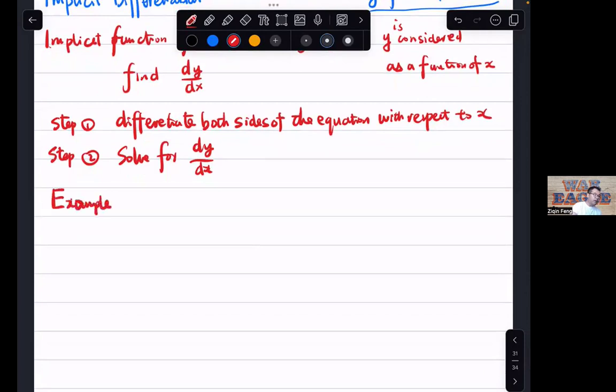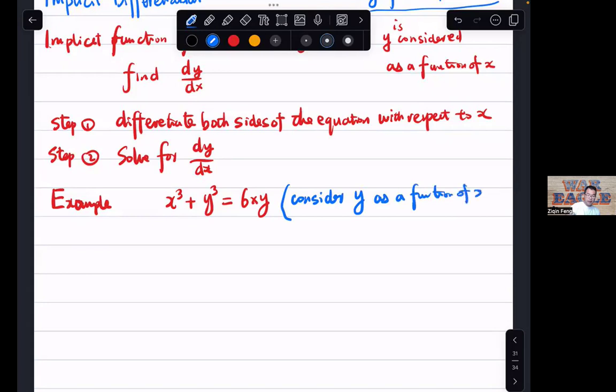We are given an equation which is x cubed plus y cubed equal to 6xy. In this kind of equation, we consider y here as a function of x.